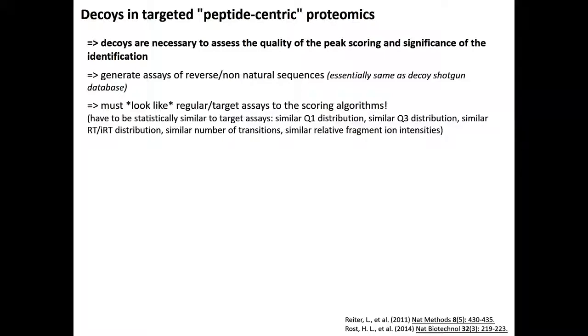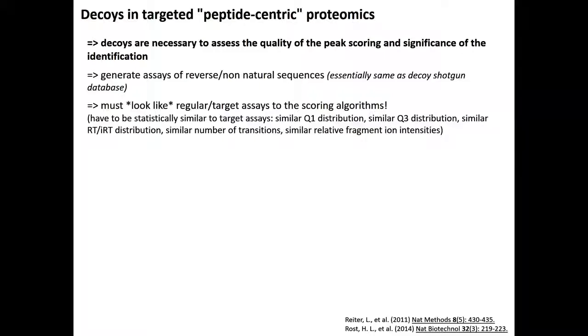The idea is that the decoys here are necessary to capture the quality of the peaks and the significance of the identifications. And the idea is that we generate these decoy sequences to make them non-natural, exactly like you would do a decoy database search in shotgun analysis.